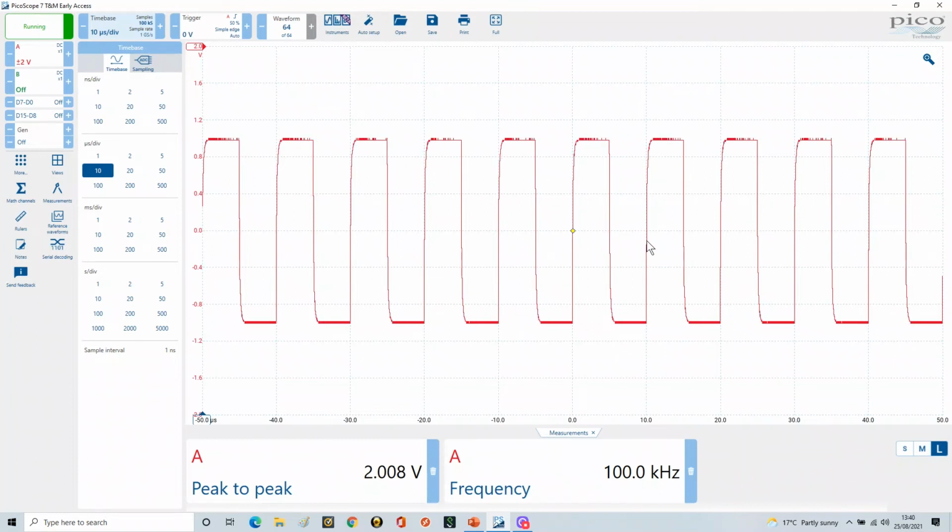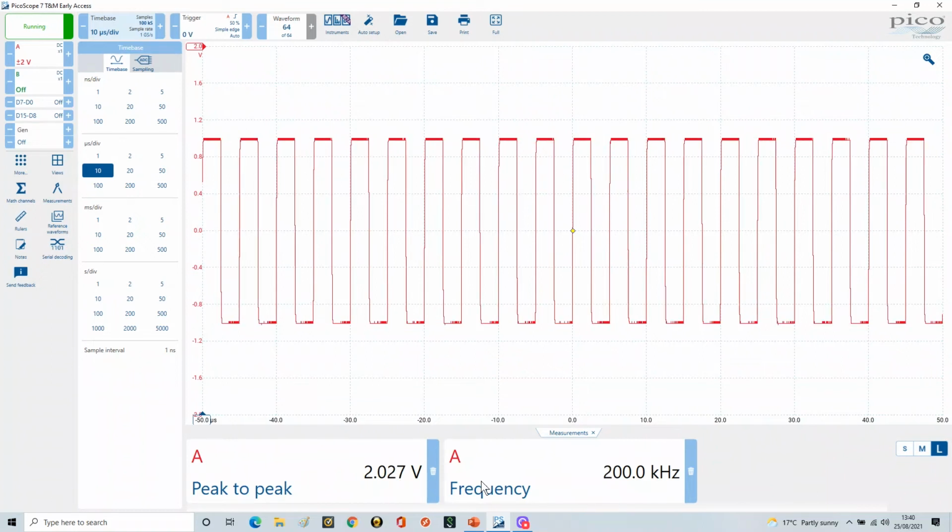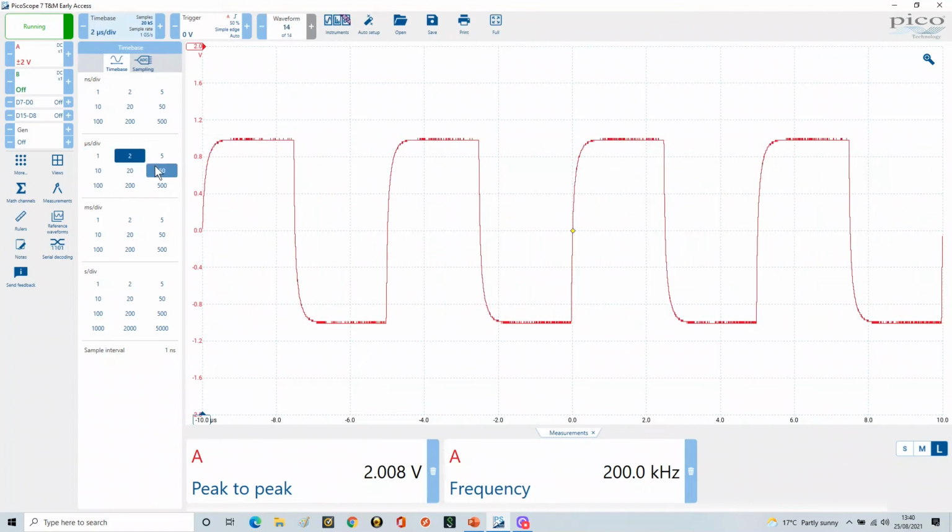But if I start to increase the frequency, going towards the 1 meg, I'm going to do it in hundreds of kilohertz. So this is now 200 kilohertz, and I'm going to open up the time base a bit. There we go.